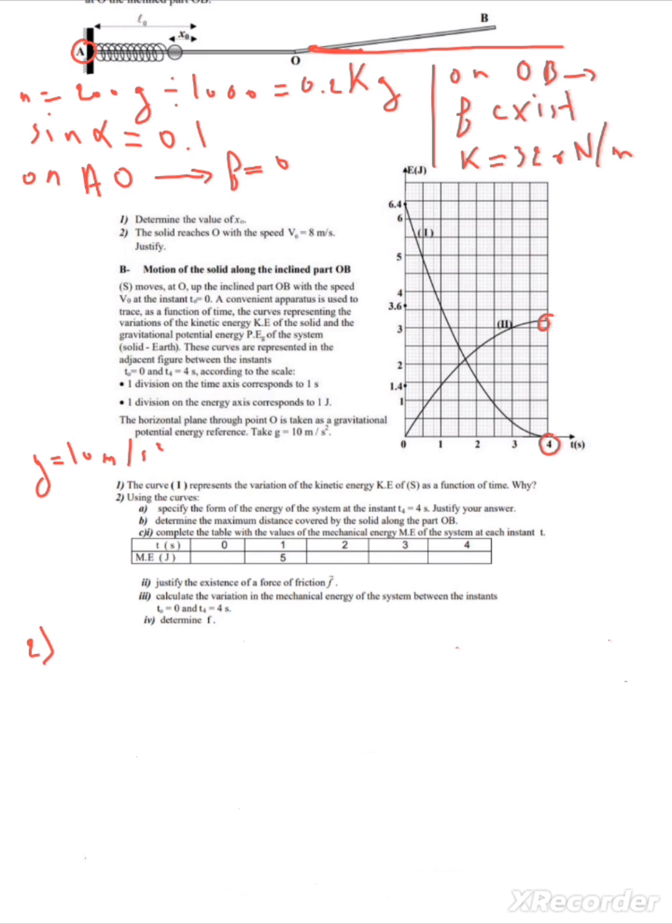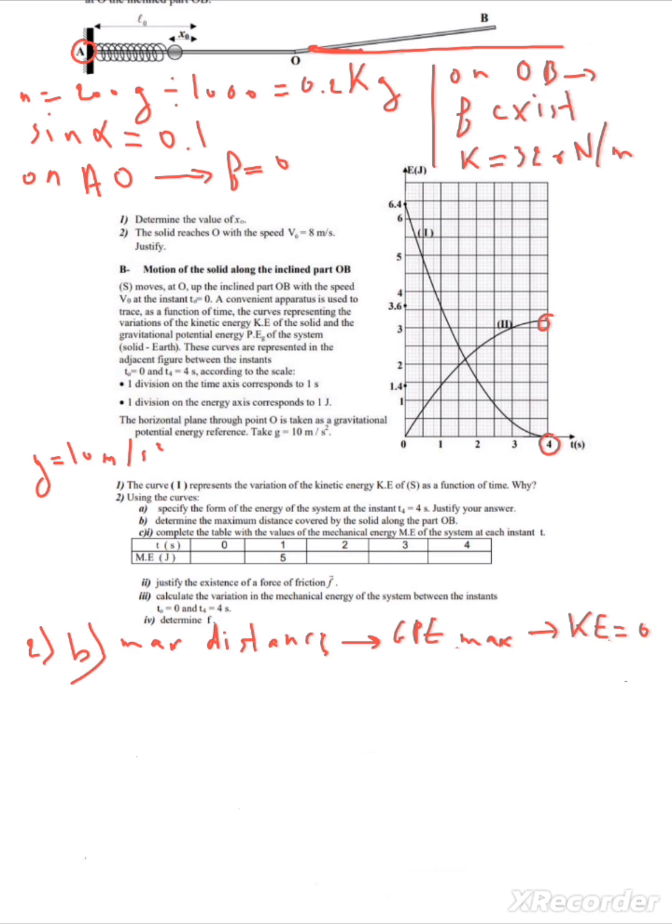Part 2b: determine the maximum distance covered by the solid along the path OB. We know that at maximum distance, GPE is maximum, then kinetic energy equal to 0.